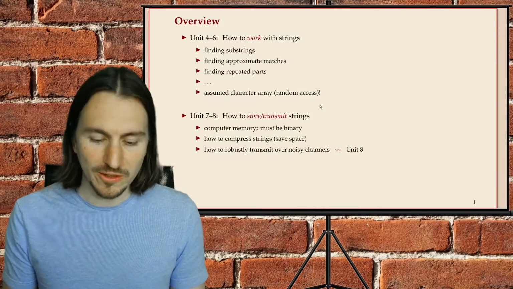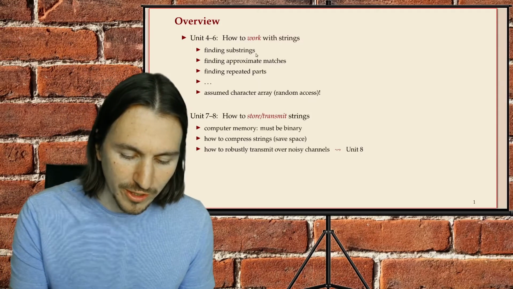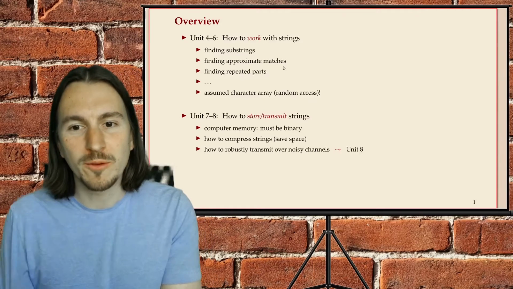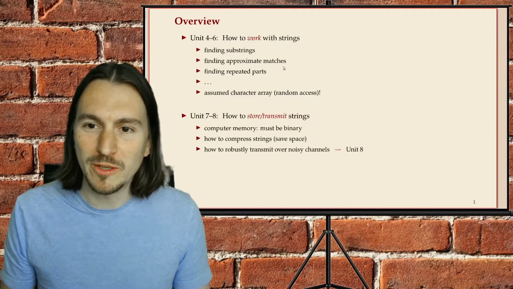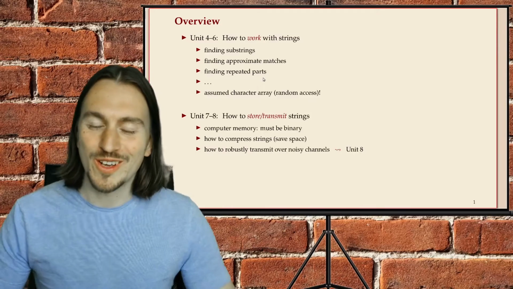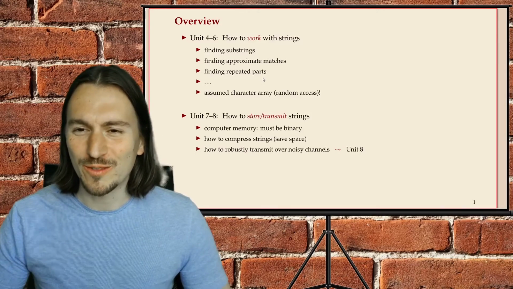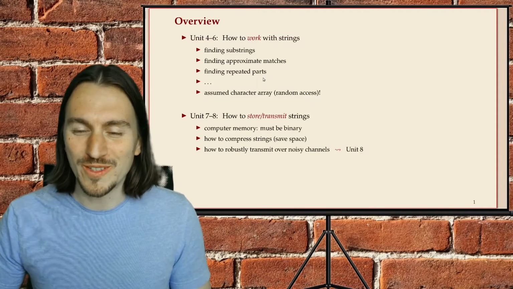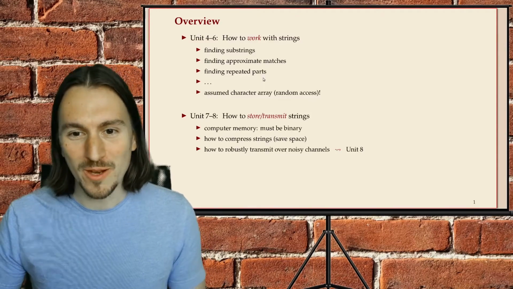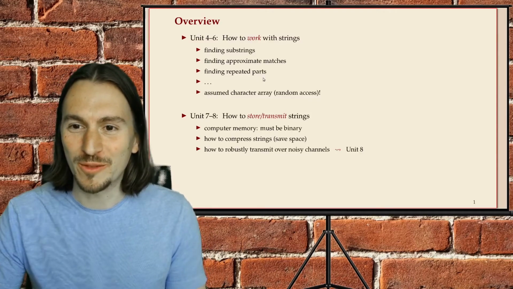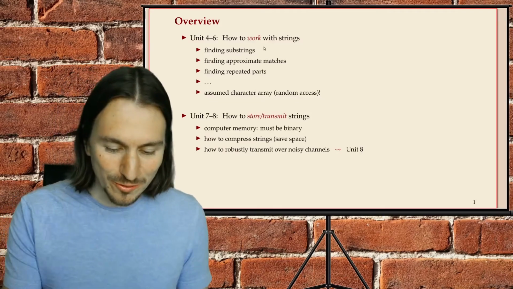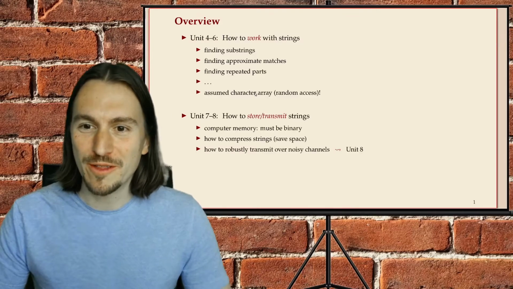In particular, we talked extensively about how to find substrings, how to find matches of a substring that are not exact matches, but approximate. We talked about other related questions, finding repeated parts, finding all sorts of more esoteric features that people have identified, for example, in computational biology to be of interest. And we solved all these problems in one way or another.